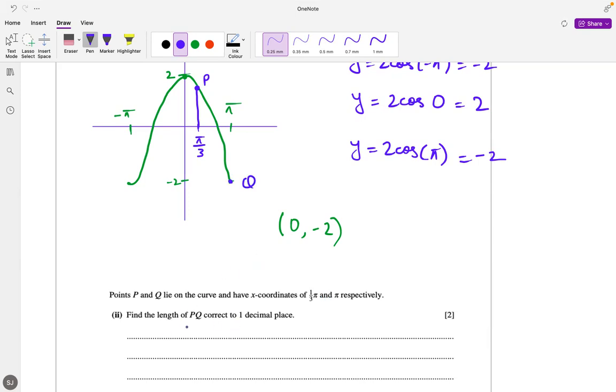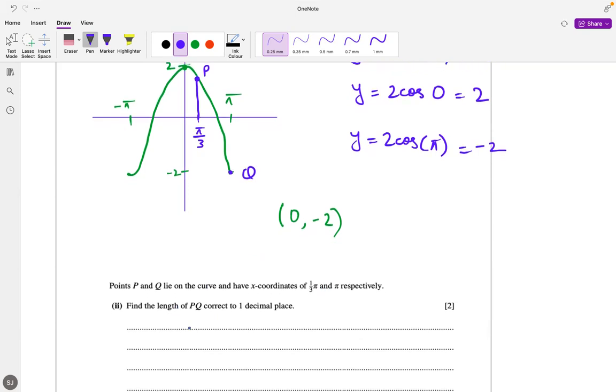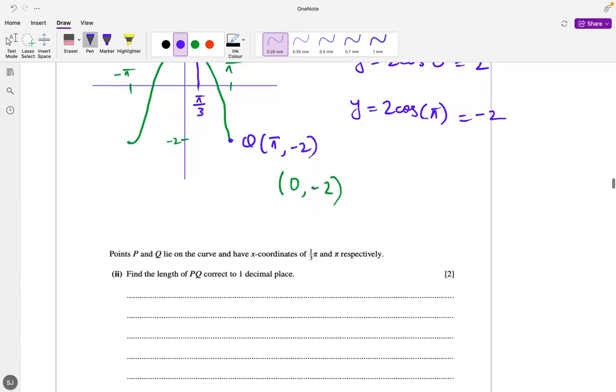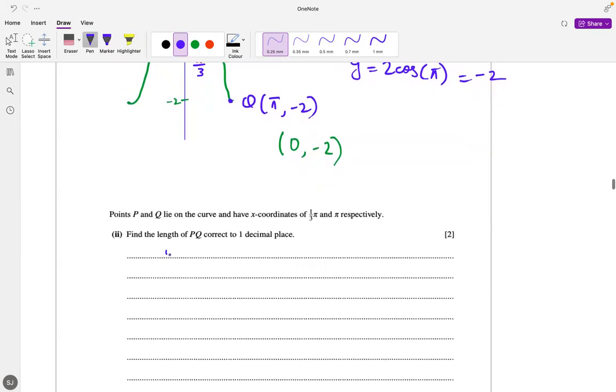Now, to find the length of PQ, we need the y coordinates of both of these points. We know that Q is the point pi comma minus 2. To find the y coordinate of P, we can just substitute the value of x into the equation y equals 2 cos x. So substituting pi upon 3, the y value will be 2 times half, which is 1.